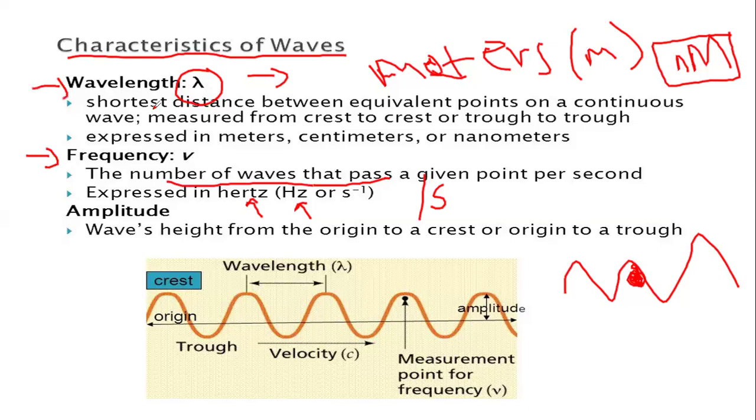Meaning if you have a very big wavelength, you're going to have a very small frequency, and if you have a very small wavelength, you are going to have a very big frequency. And when you multiply them, you get the wave speed. So to calculate the speed of the wave, you just multiply the value of your wavelength with the value of the frequency.